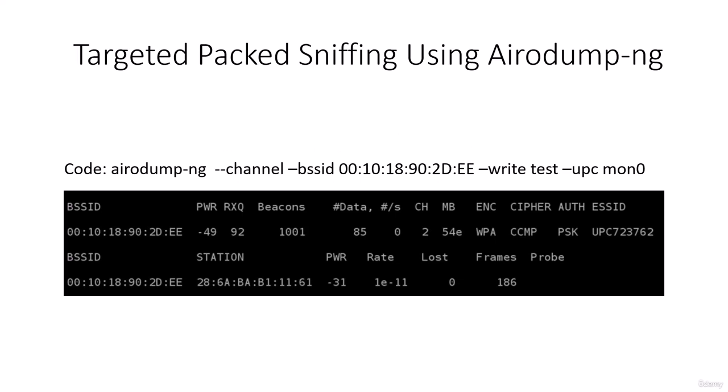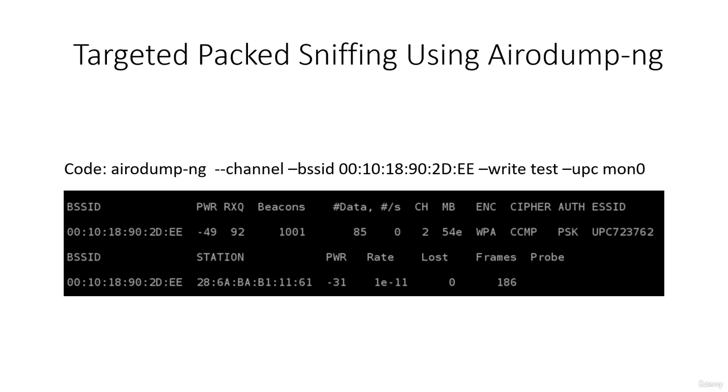As you can see, I am going to target this machine. That's my home network, and I am going to start sniffing on that network instead of sniffing all the networks that are around me.